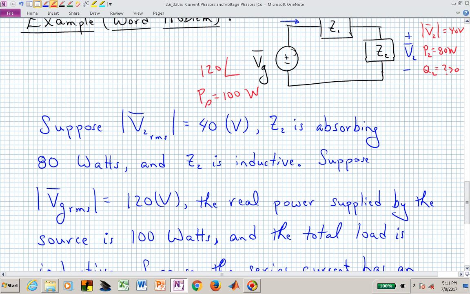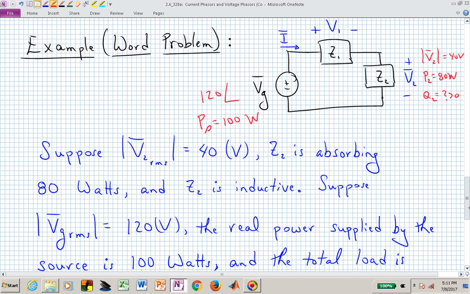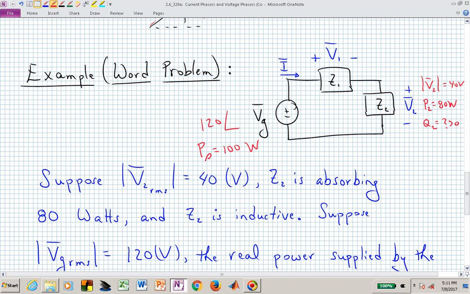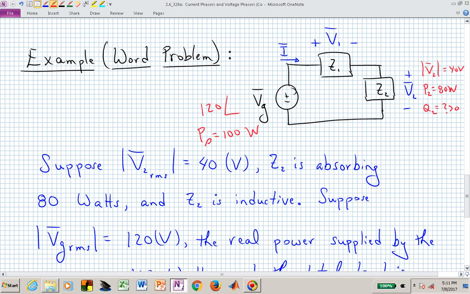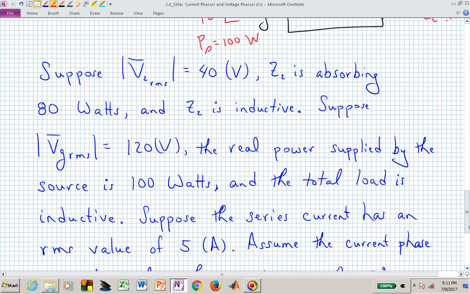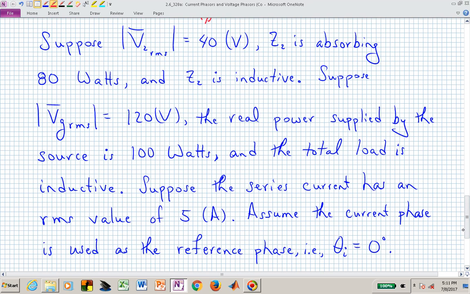Z1 and Z2 in combination are going to be inductive, but that does not necessarily mean that Z1 is inductive. Maybe Z sub 2 has more inductance than Z1 has, or maybe Z1 is capacitive and it doesn't overweight the inductive portion of Z sub 2.